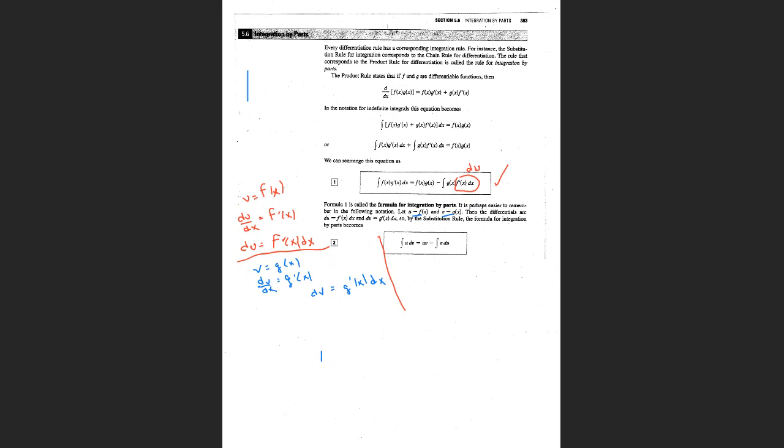And so you see here, the g prime of x dx, that's dv.